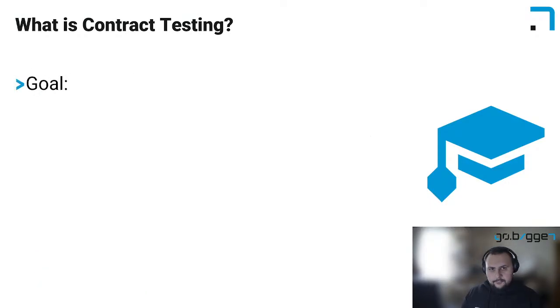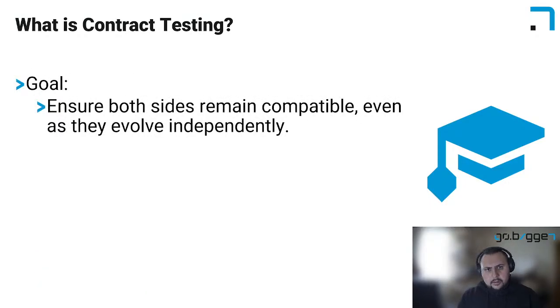What is the goal of the contract testing? Well, easy. It ensures that both sides remain compatible, even if they evolve independently. You can think of it as we have a static front end, but in the back end, there's going to be some changes. For example, we are talking about a bank, and the bank now decides we want to offer more information or even retract some information that has been provided before.